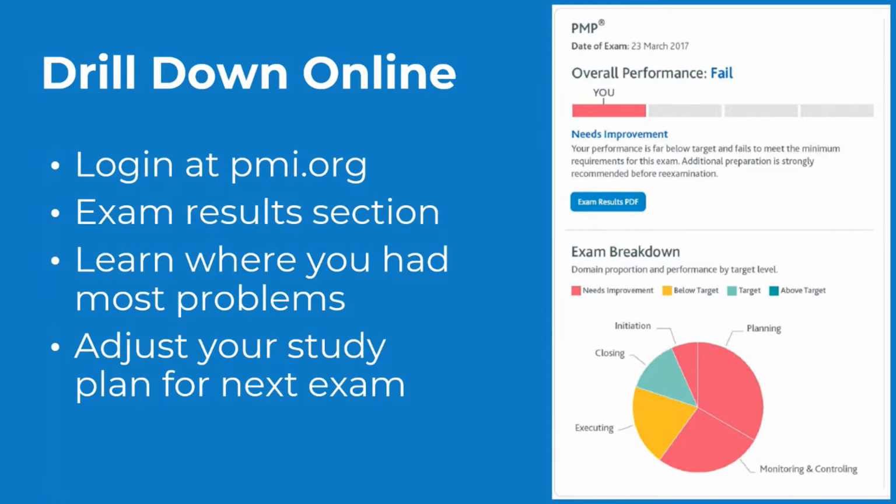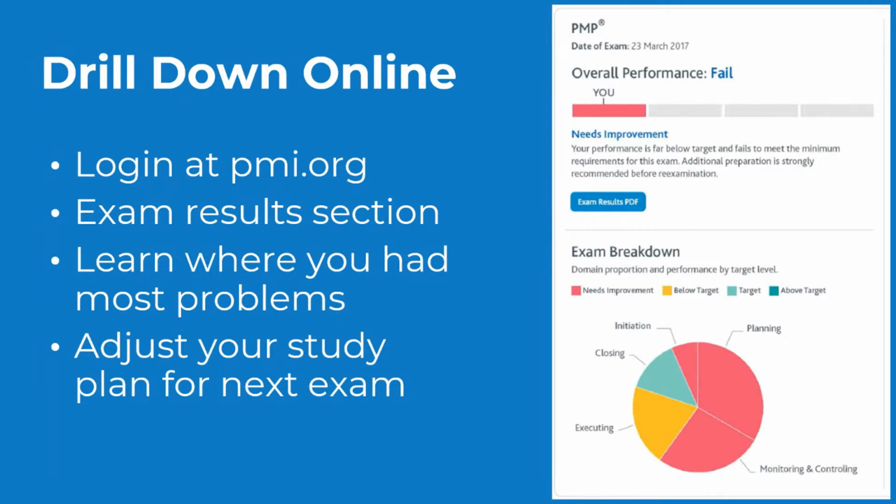Okay, so log in at pmi.org, go to the exam results section, and here you can learn where you had most problems, and you can adjust your study plan for the next exam. And here it's quite visual, right? You can clearly see where this particular student had problems, where they were below target, where they were on target. It's very visual. You can really see what this is about. And again, this is the person who failed here in their exam sample.